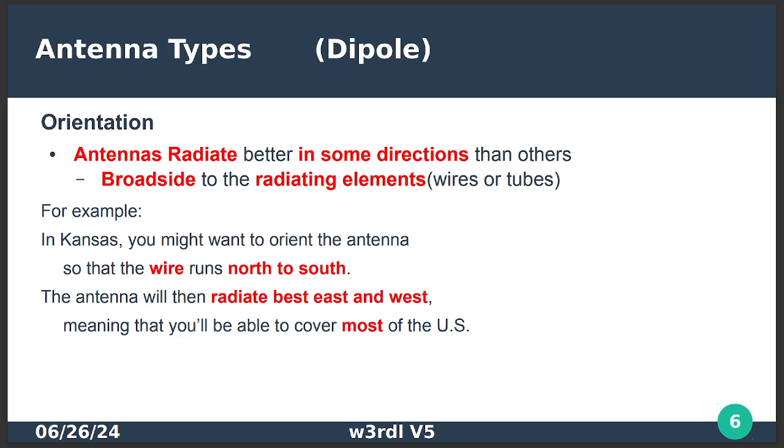So that's the way I set it up. But the way that puts my antenna is in an east-west orientation. Since the antenna radiates broadside to the element, that means my radiation pattern is more north-south than it is east-west. But I've still managed to make Europe and a couple of Eastern Bloc countries.